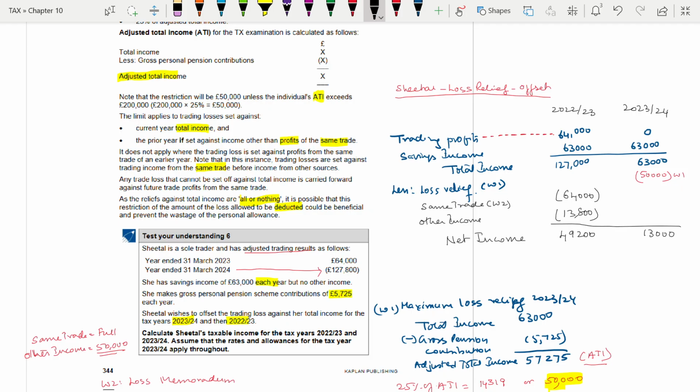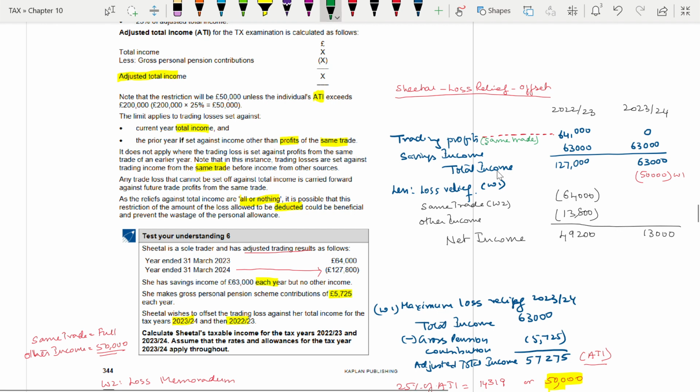Fine. See what we have done? When there is a loss, we should see if it is from the same trade. When they say trading profits, it is nothing but from the same trade.